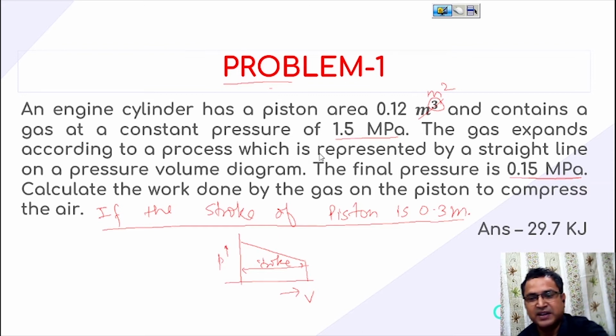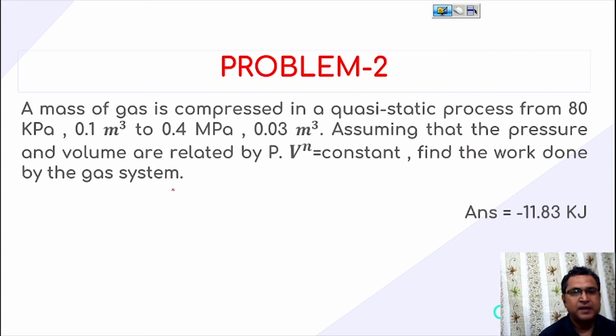Now let us check one more problem. The next problem is: a mass of gas is compressed in a quasi-static process from 80 kilopascal and 0.1 meter cube to 0.4 megapascal and 0.03 meter cube.